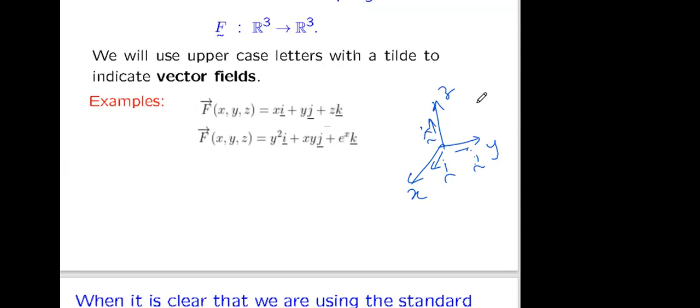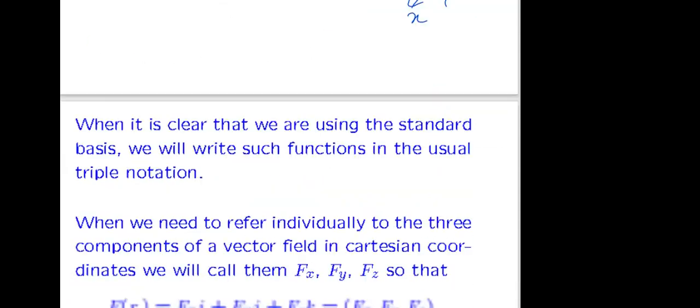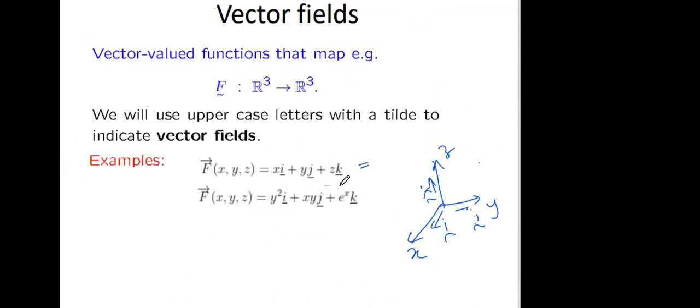So you can write any point in terms of x, y, and z. These are called the standard basis. Or you can write it in triple notation. Some people write it like this, or with these brackets, or with surrounding brackets, or you can use anything. So this is good, right?